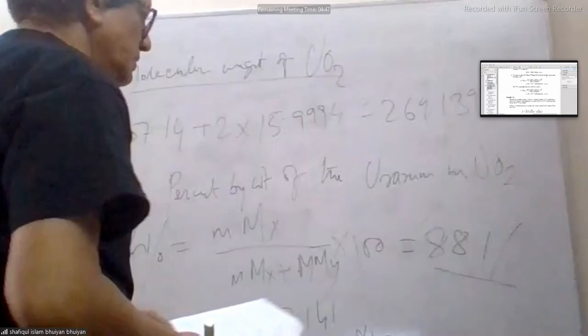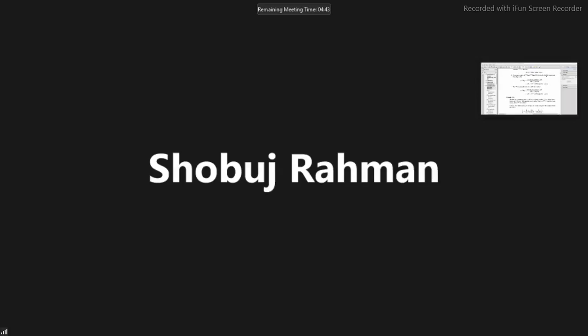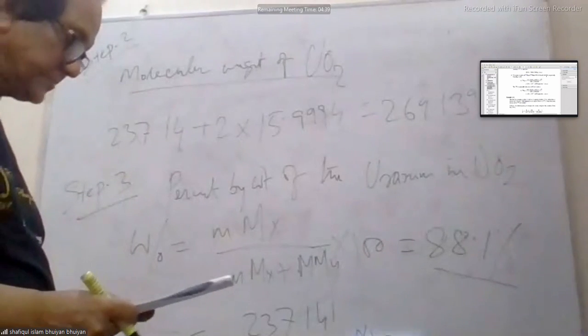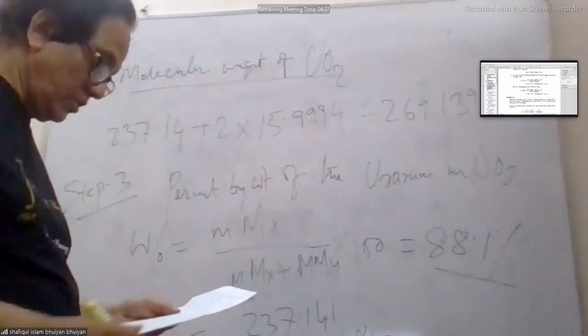So from this you will get 88.1%. One step more. Okay, so this is step 3, and finally step 4.